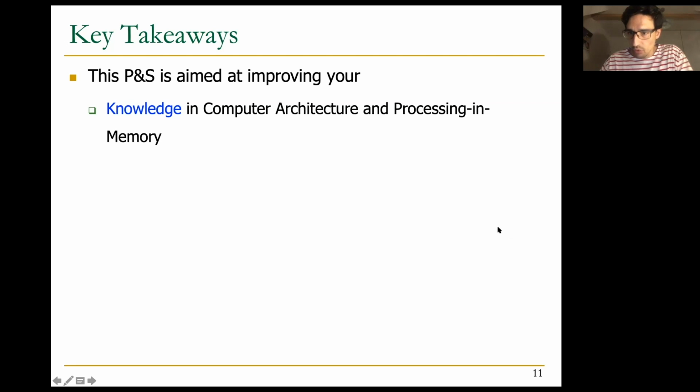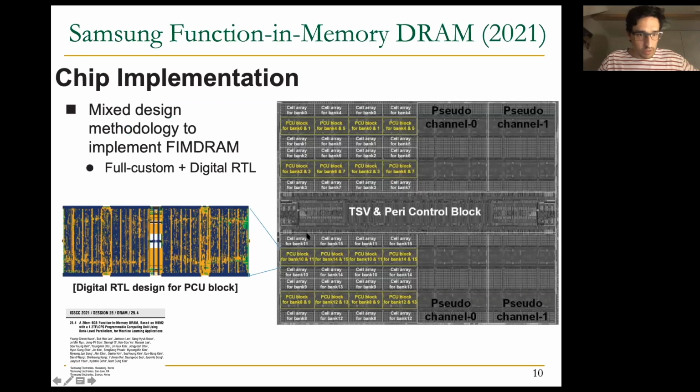I see one question from Nam: did Samsung release any paper on the function in memory DRAM you mentioned? Yes, actually it's in the previous slide. Let me go back. This is the title of the paper here. Actually, this is a screenshot of the paper with all the authors' names.